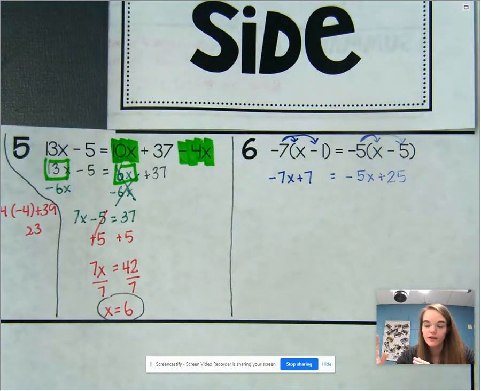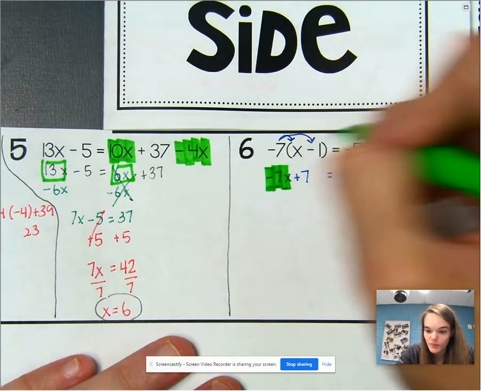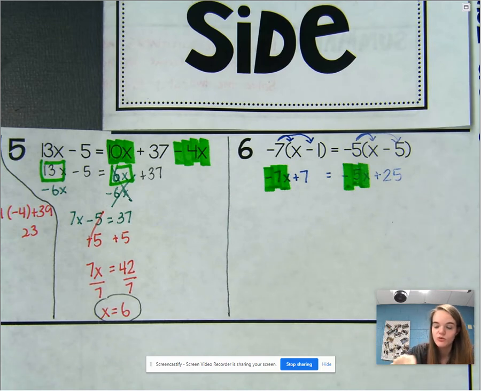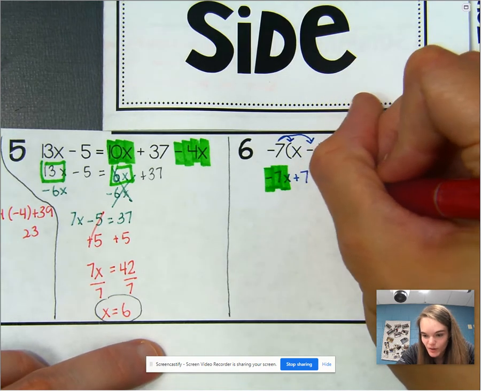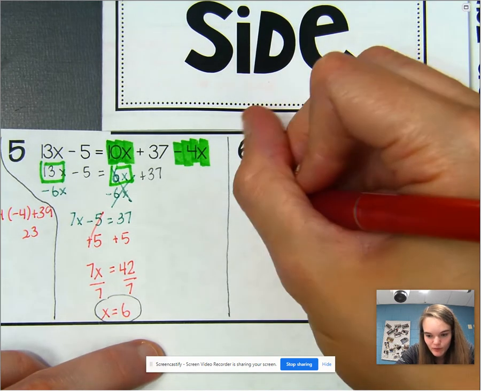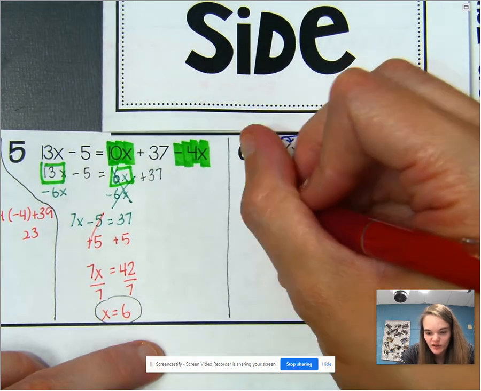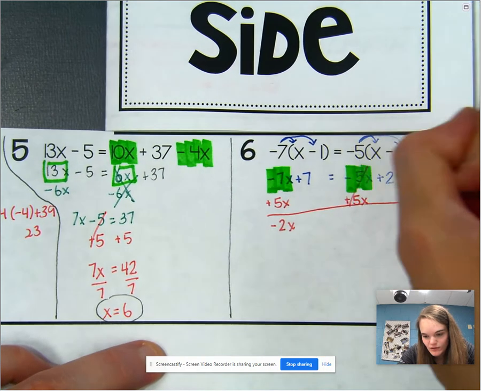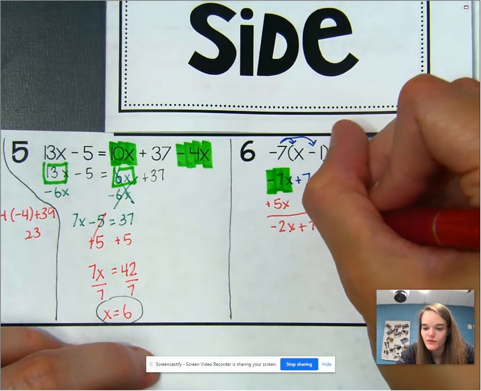Okay, now it is an equation with variables on both sides. Negative 7x and negative 5x. We need to move the 5x over by doing the opposite, positive when we move it. Negative 7x plus 5x is negative 2x plus 7, bring that down, equals 25.